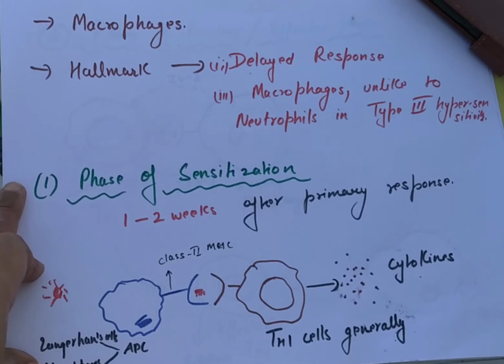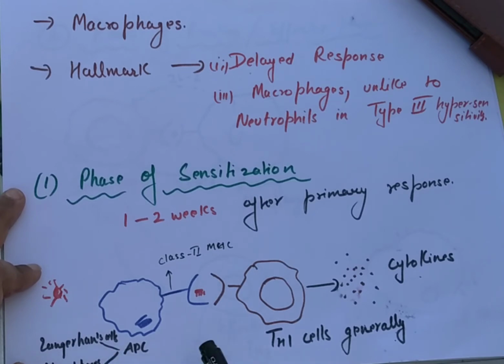Like all other types of hypersensitivity responses, type 4 hypersensitivity is also divided into two phases. First is the phase of sensitization, which occurs within 1 or 2 weeks of the primary response. When an antigen comes, it is picked up by APCs, which can be Langerhans cells and macrophages.